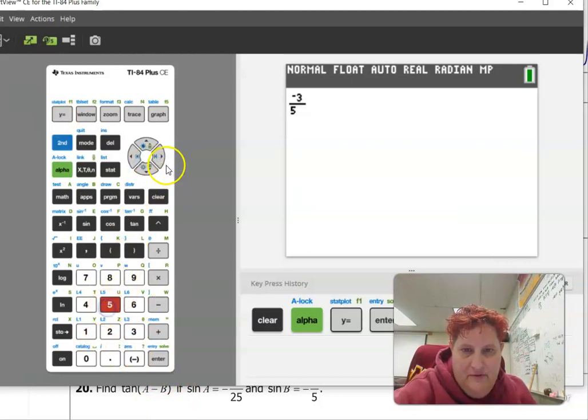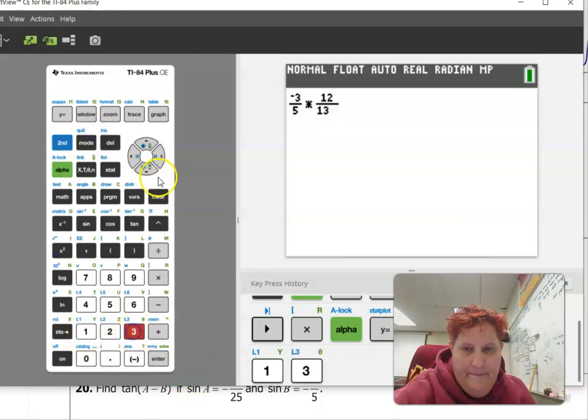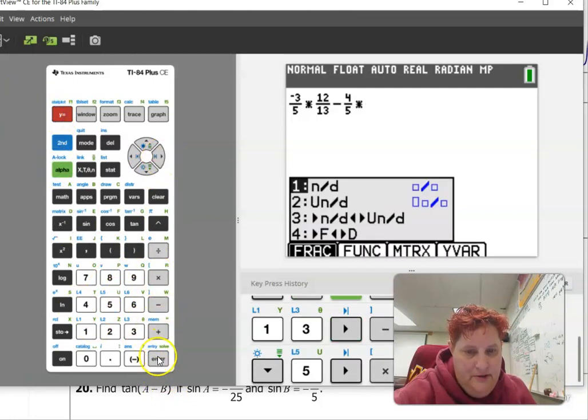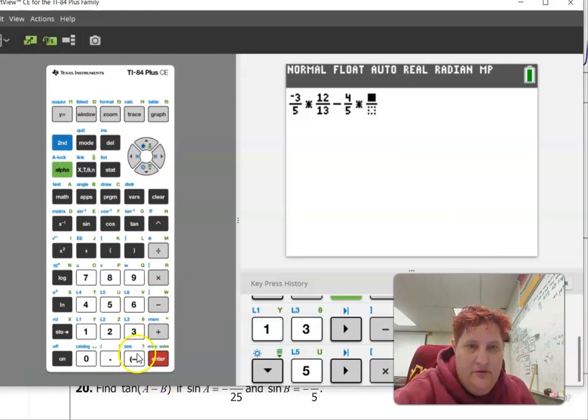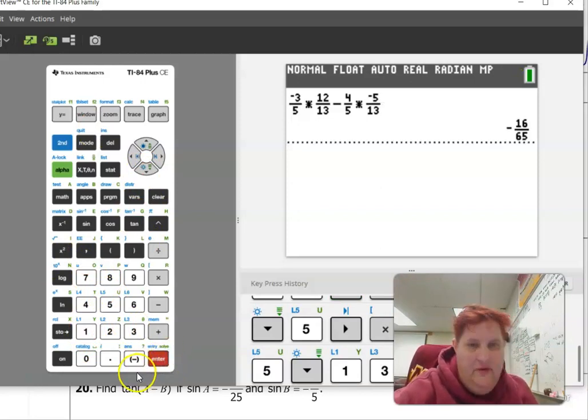So negative 3 over 5 times, and then alpha Y, enter, 12 over 13 minus alpha Y, enter, 4 over 5 times alpha Y, enter, negative 5 over 13. And it will give this to you as a fraction, and we did it right.